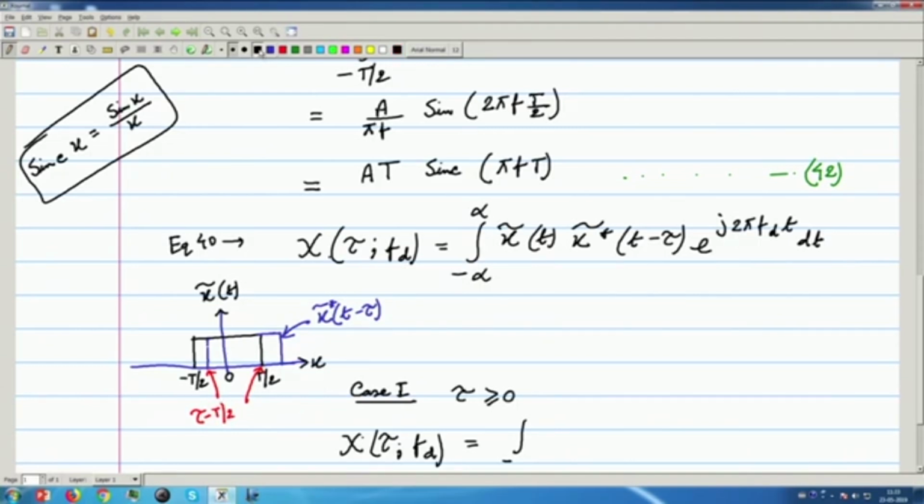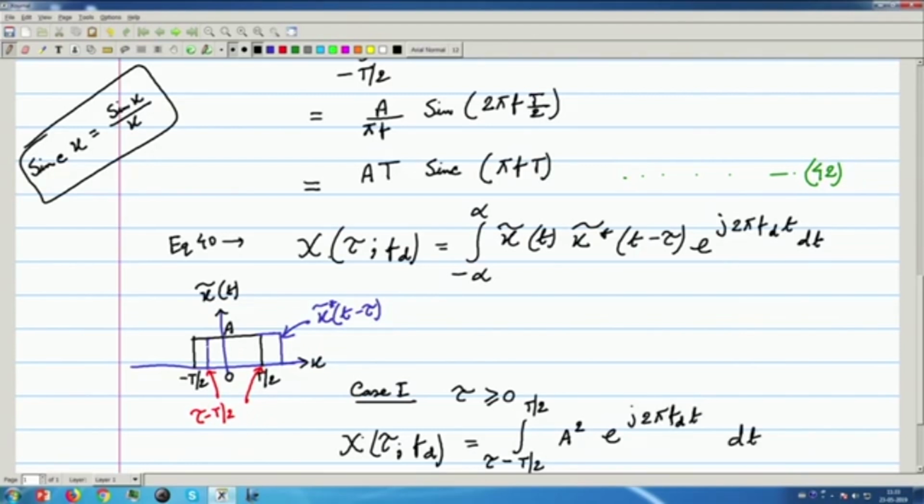So, the lower limit will be tau minus T by 2, the upper limit is T by 2, and the product is this part, A. Both of them have magnitude A, so it will be A squared, then e to the power j 2 pi f_d t dt.